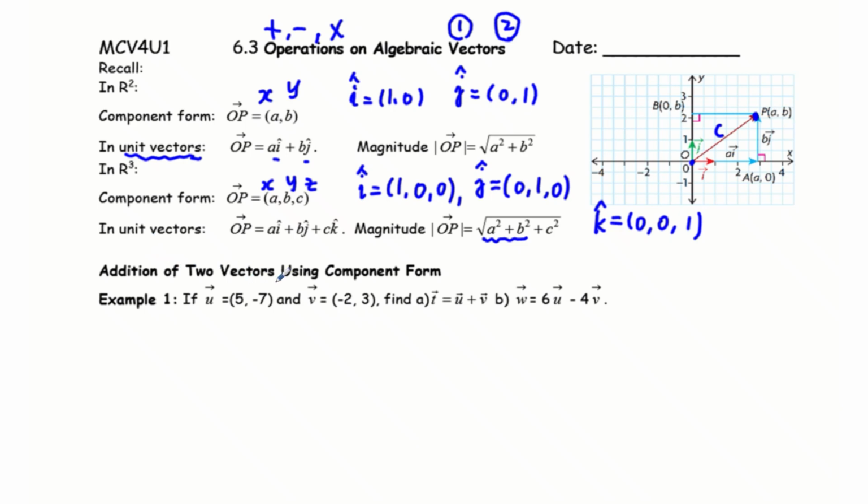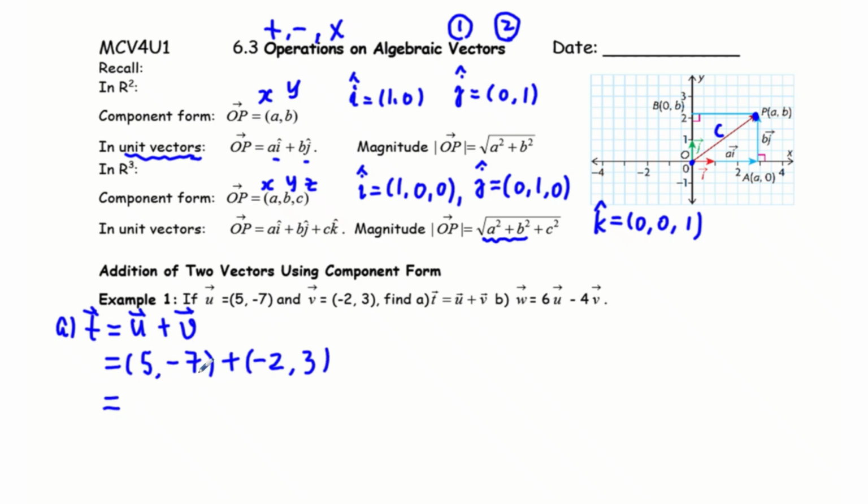Adding 2 vectors using component form. So this is x, this is y, this is x, this is y. Finding the first one is just the sum of these 2. We are going to do the x component and y component, adding and subtracting separately, but we are not going to write x component, y component.